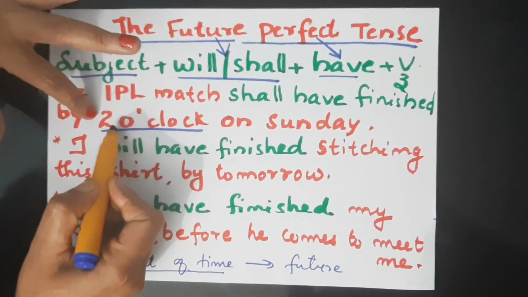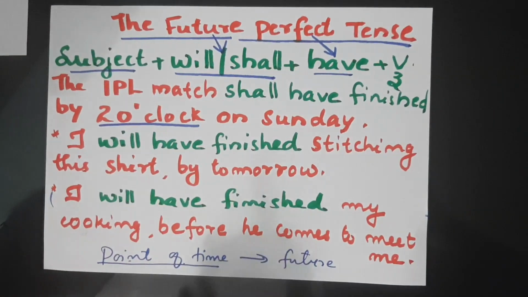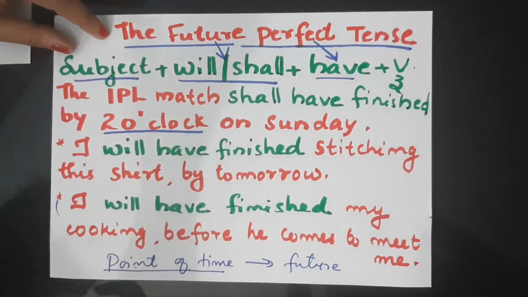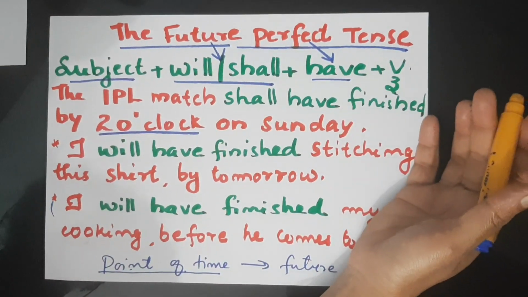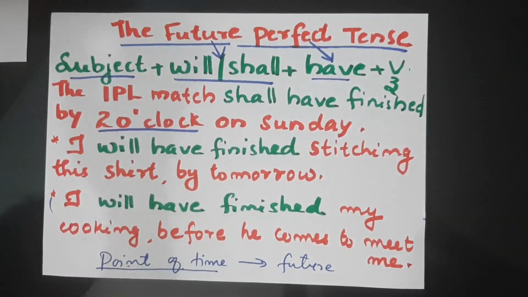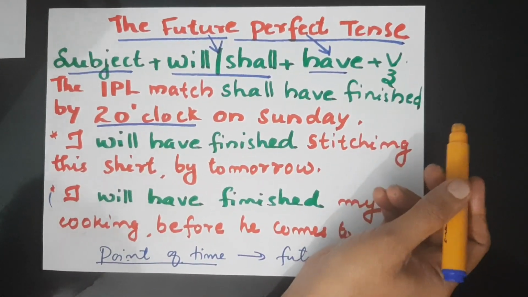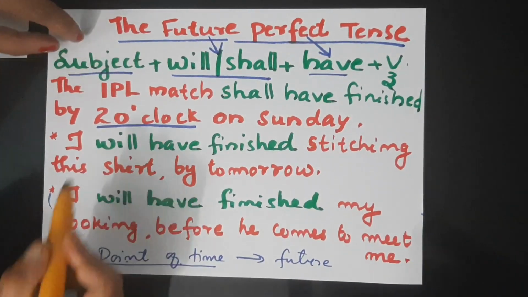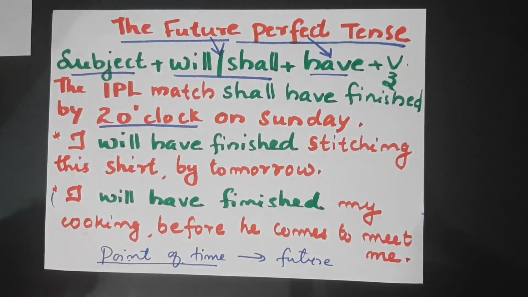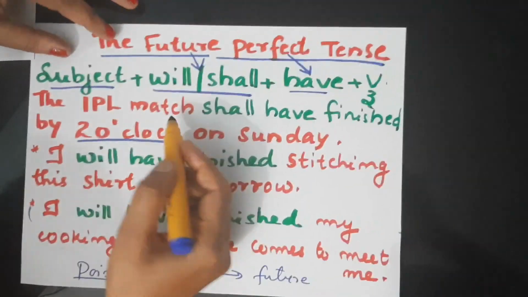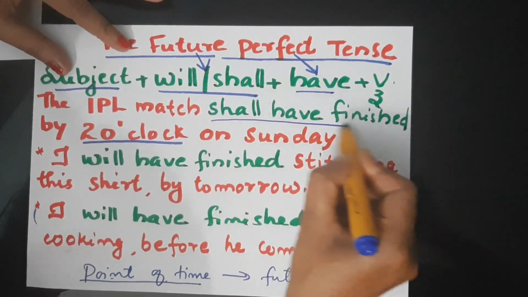What's the future action? The IPL match shall have finished. This action will get completed in the future, and the point of time is also given, that is 2 o'clock.